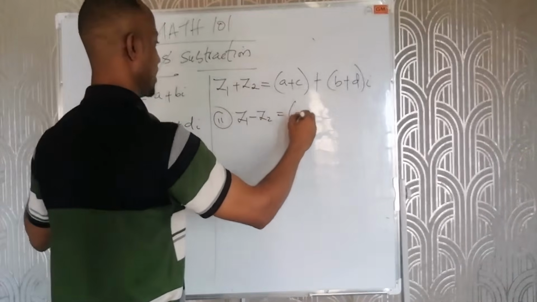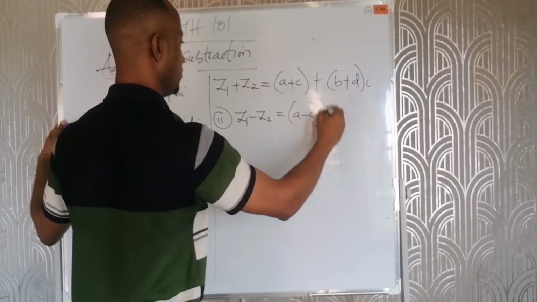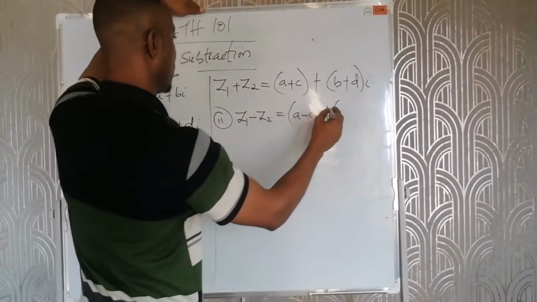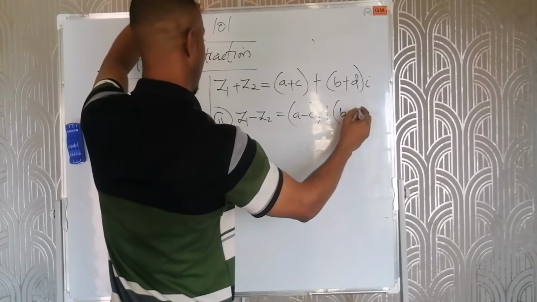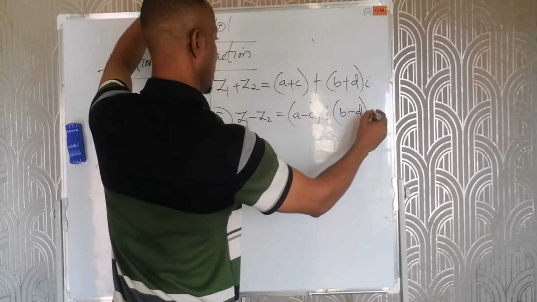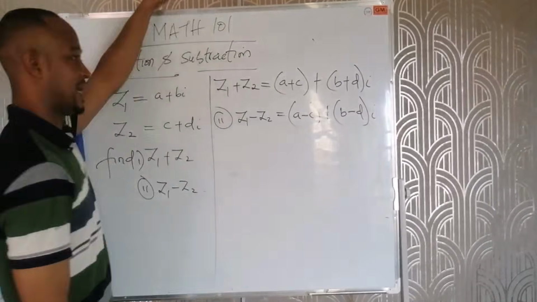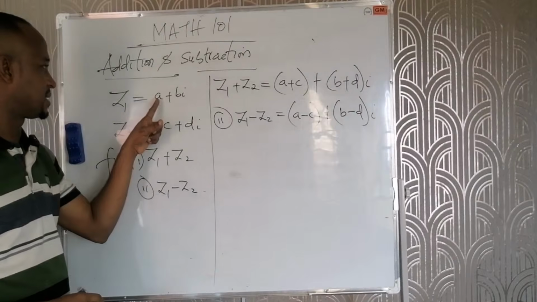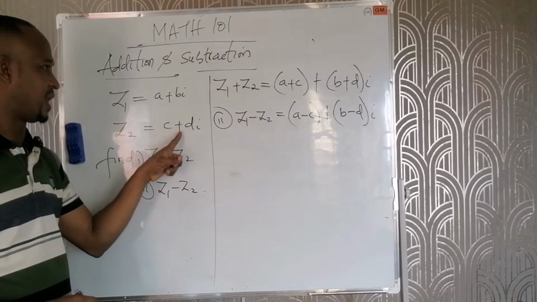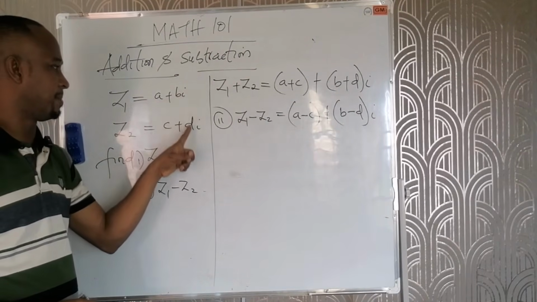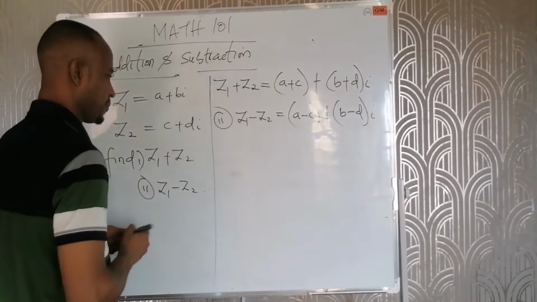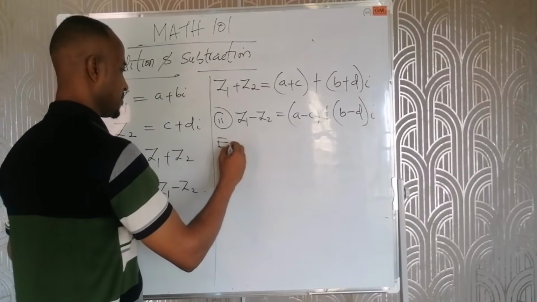That will give us a minus c plus, for the imaginary part, b minus d, all multiplied with i. What happened here is that we subtracted a minus c, then we have our plus sign, then we have b minus d, all times i.